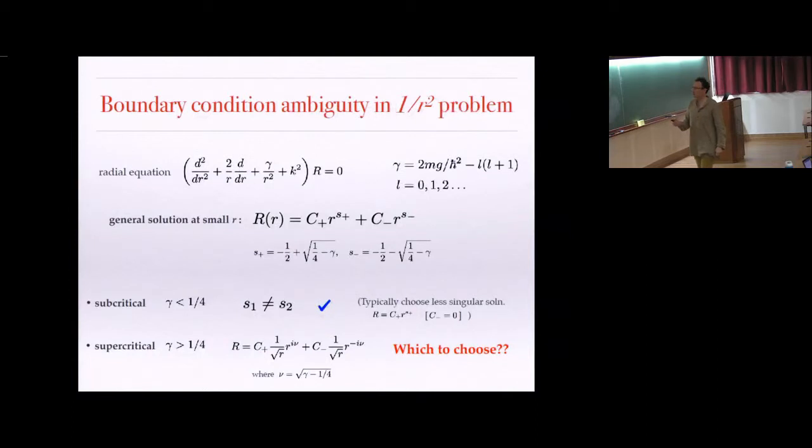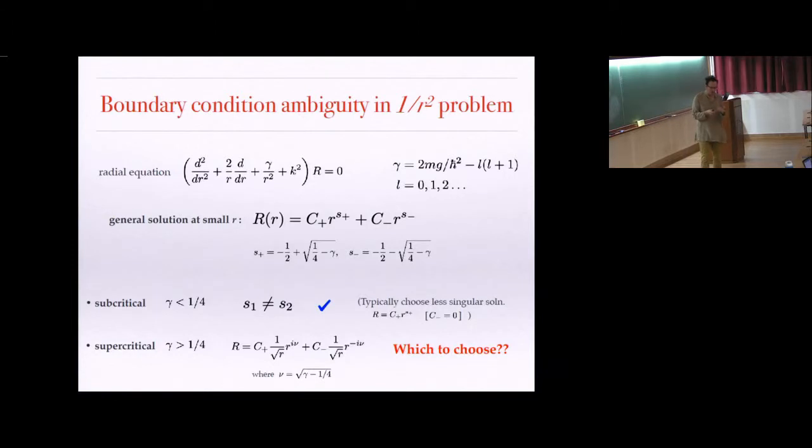So let's look at this problem using this point particle effective field theory. Let's set the problem up a little bit, and what it comes down to is an ambiguous boundary condition in this 1/r² problem. It's not obvious what boundary condition to apply. When you solve the hydrogen atom, you don't have to think too hard.